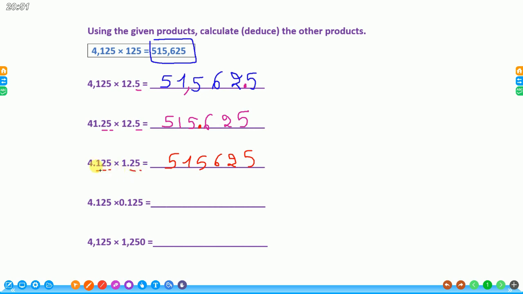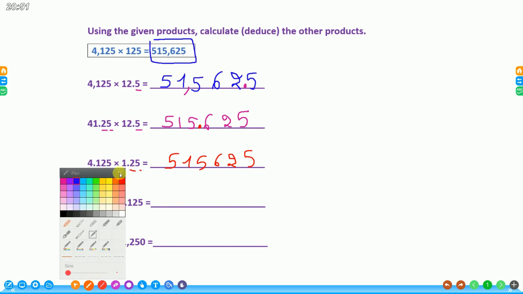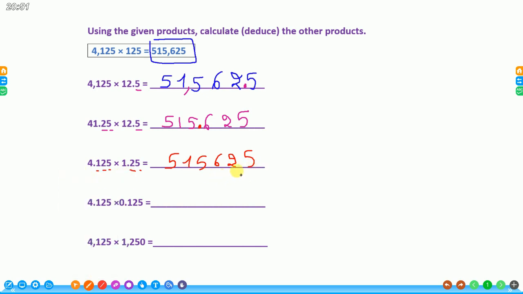In total, I have 1, 2, 3, 4, 5. In my final answer, I must have 5 digits after the point. So I need to place a decimal point between 5 and 1. And I obtain this answer, 5.15625.